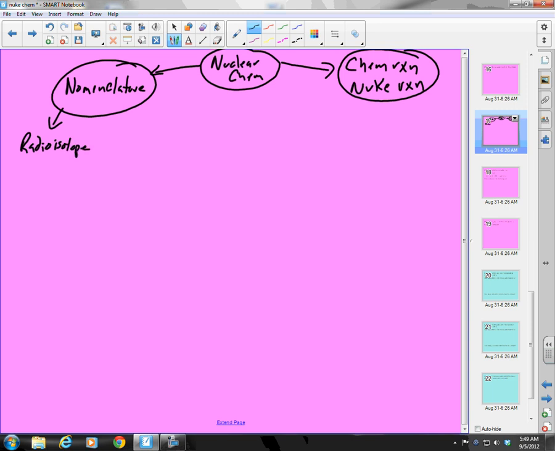We said a radioisotope is essentially an element with an unstable nucleus, right? And anything above bismuth has an unstable nucleus.